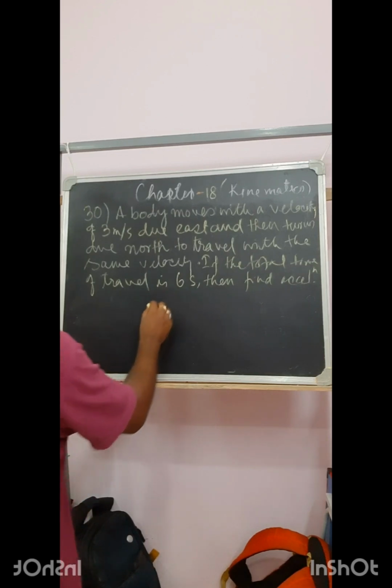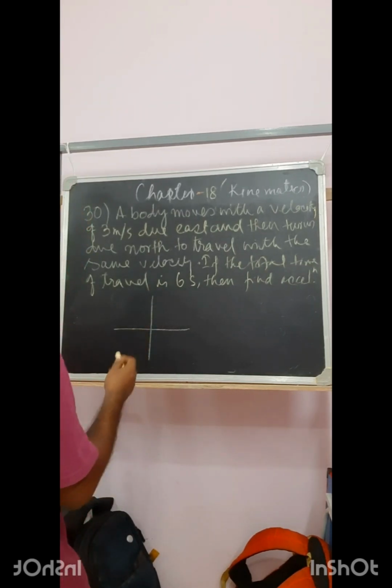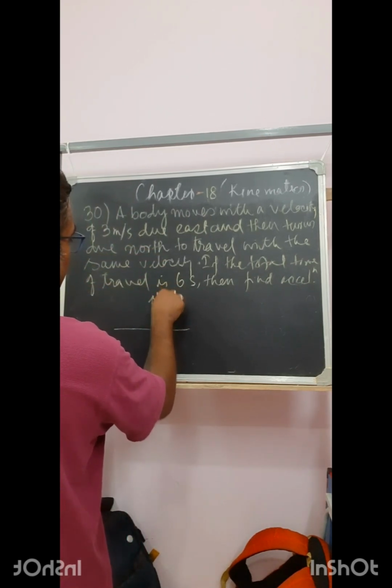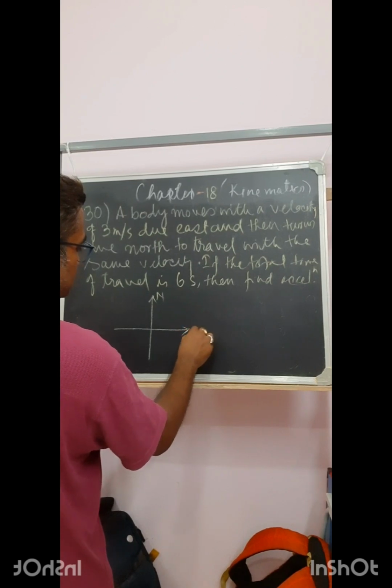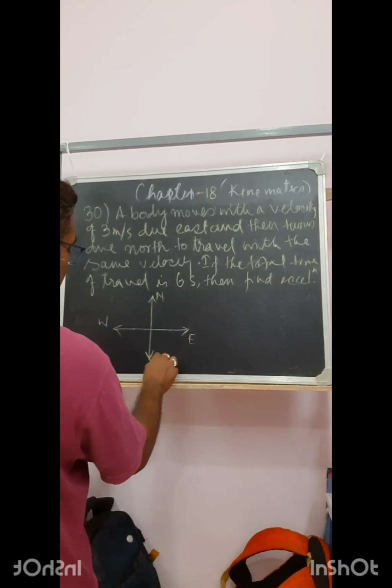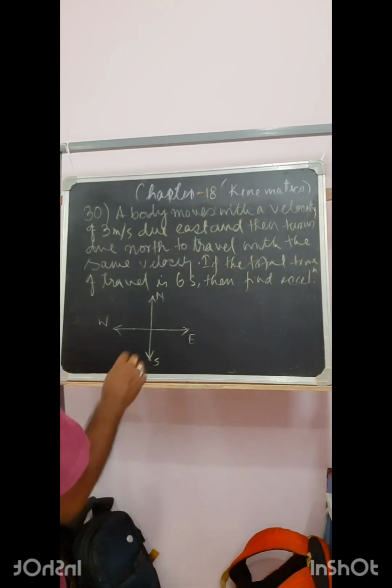Now, as you know, directions are understood by upwards north, this is east, this is west, and this is south. Now the body is moving with the velocity 3 meter per second eastwise.